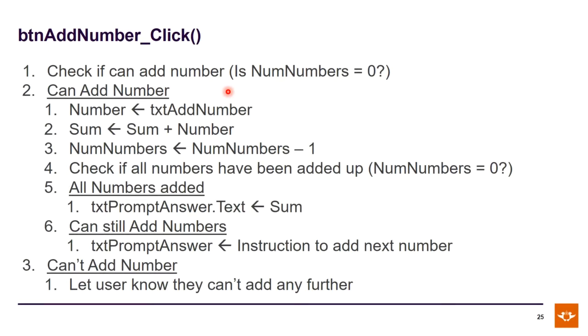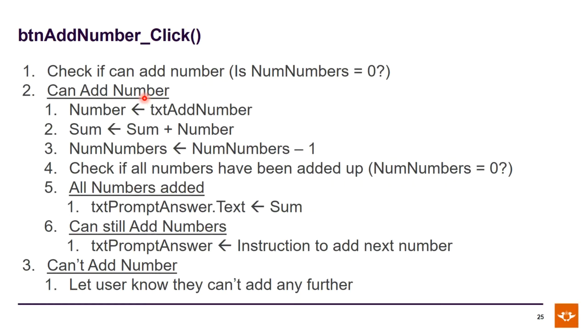When I press the button, I'm asking, check if you can add numbers. And how am I going to check? I'm going to evaluate whether num numbers is 0 or not. Right. So in other words, I want to check num numbers at the moment is 3. Isn't it? Is it 0?